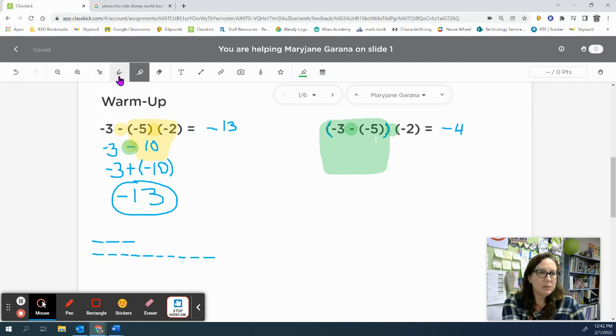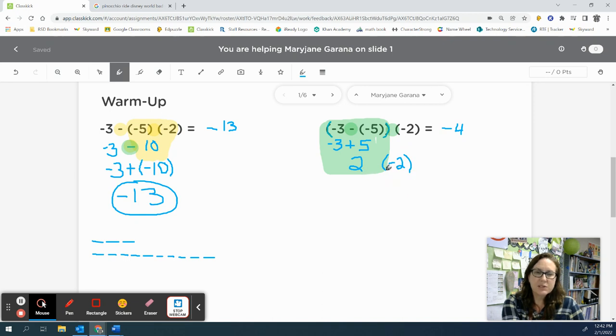We have a takeaway problem. We have to change it into an addition problem. We keep that same number, we change it to addition, and then we take the opposite. So now I have negative 3 plus 5. Well, we subtract those two numbers, so we have 2, and it becomes positive 2 because 5 has a greater absolute value.